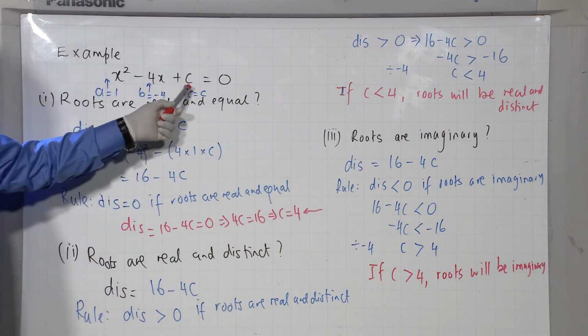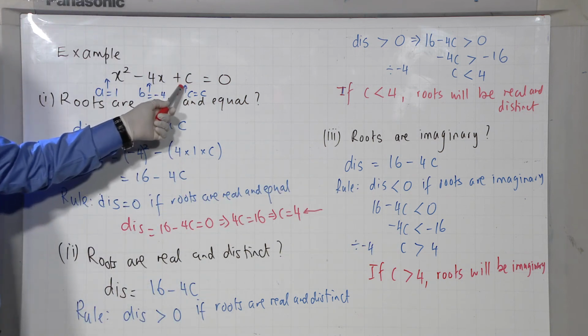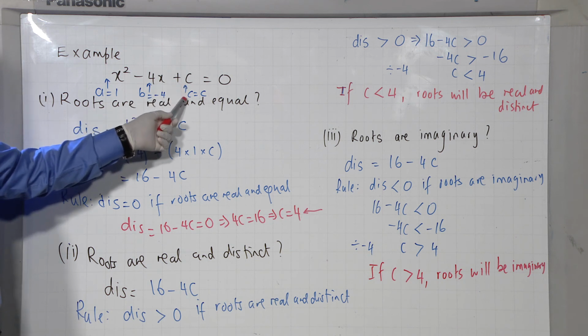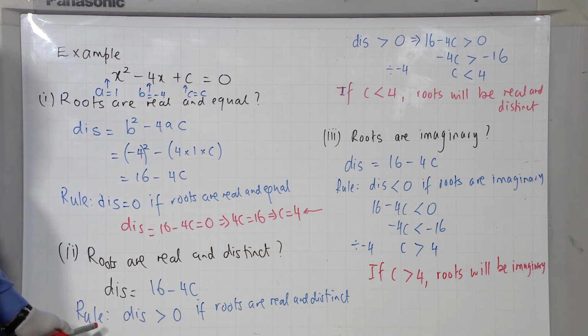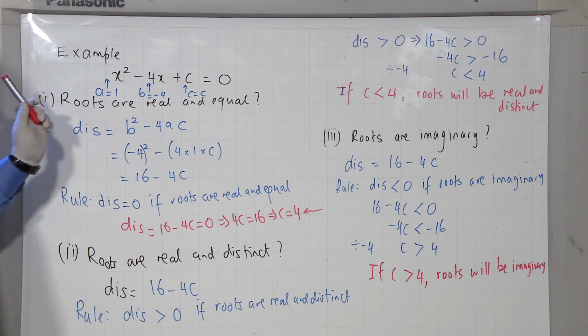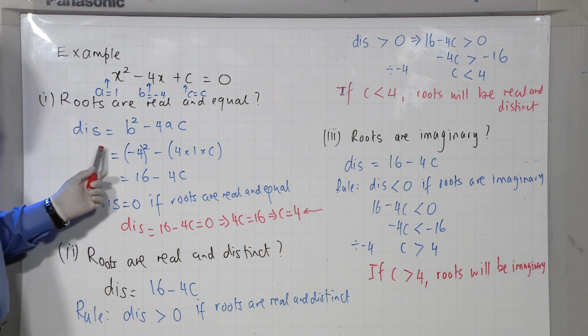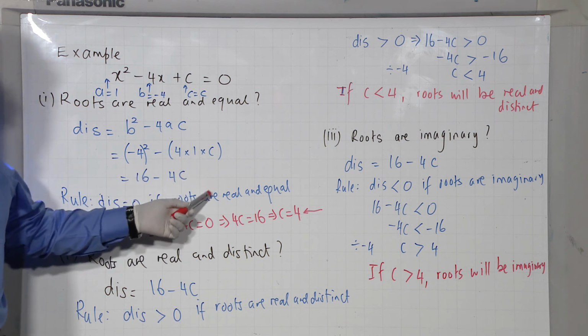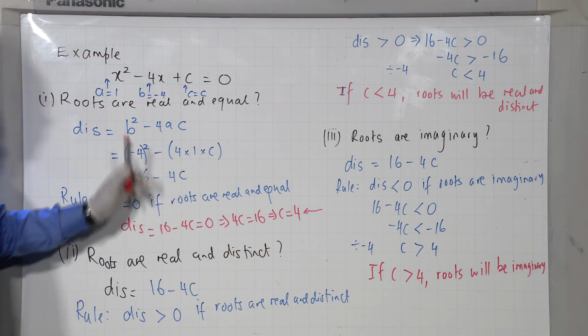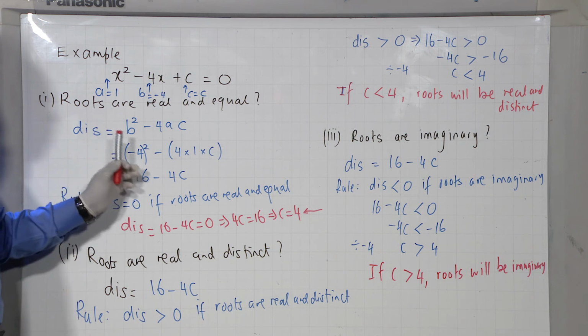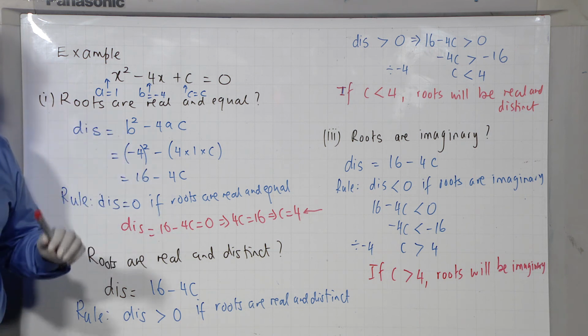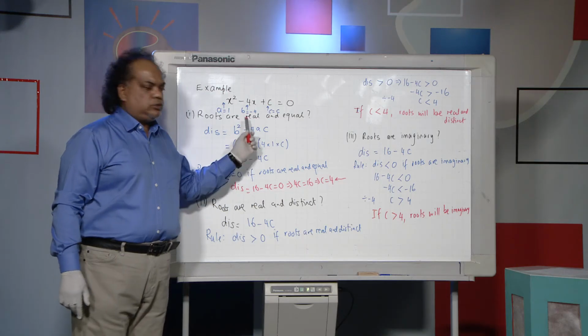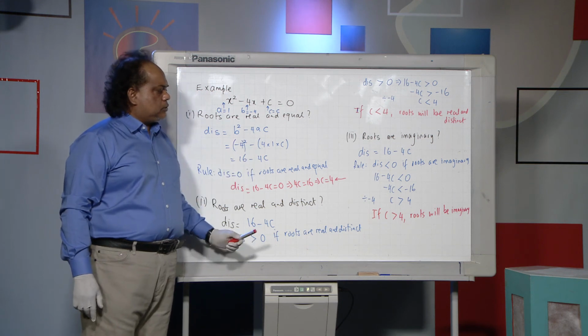If you choose c to be greater than 4, then the roots will be imaginary. Now, in other questions, the discriminant may itself be a quadratic expression, so we'll follow the same procedure to solve quadratic inequalities in order to answer this question.